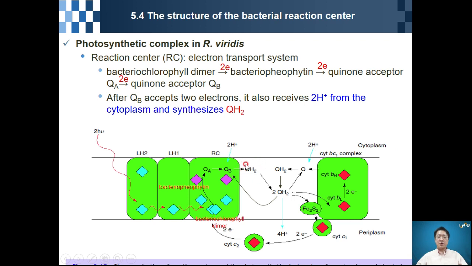So this is the main mechanism of a reaction center: the electron transport system from the bacterial chlorophyll dimer to the quinone acceptor QB, and finally it receives protons from the cytoplasm and synthesizes QH2. So this is the reaction center's main function. We will see the detailed structure of the reaction center in the next slide.